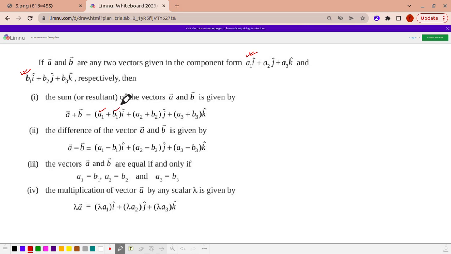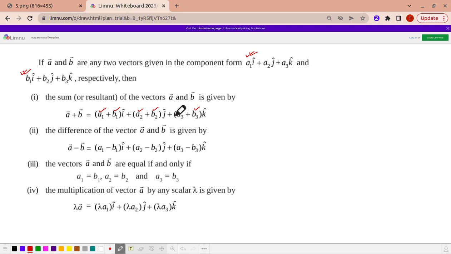So it is (a1 plus b1) i cap. Similarly, the j components also get added, that is (a2 plus b2) j cap, and (a3 plus b3) k cap. So this is the way we can find the sum or resultant of the vectors a and b.